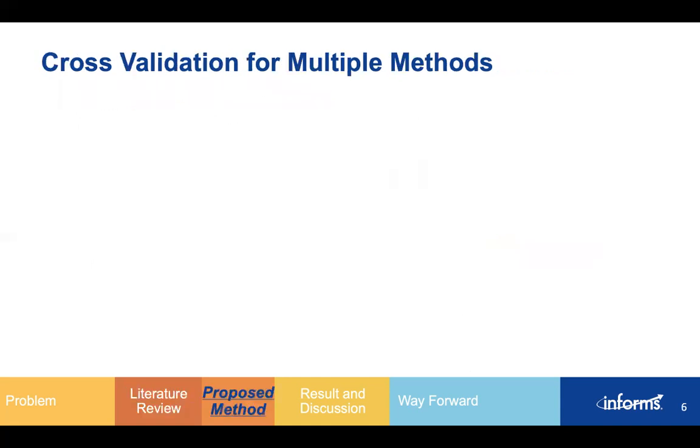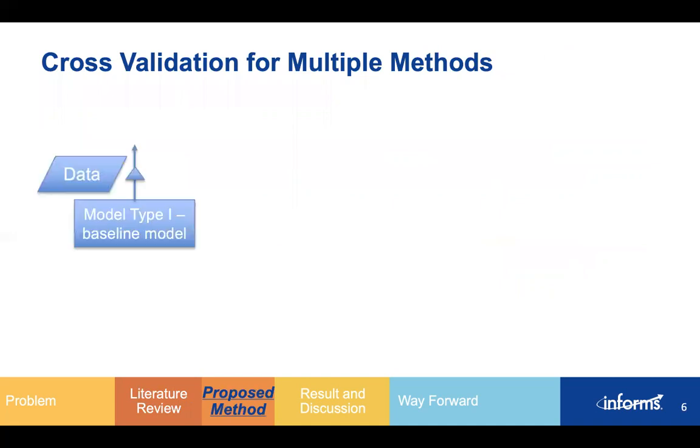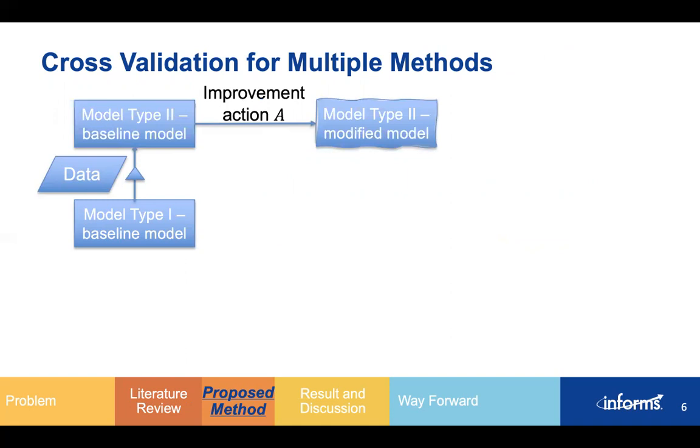So we propose a cross-validation method for multiple methods to answer the questions. We extract the data from a first type of model, based on which we build another type of model, using which we may identify how to improve a process more easily.